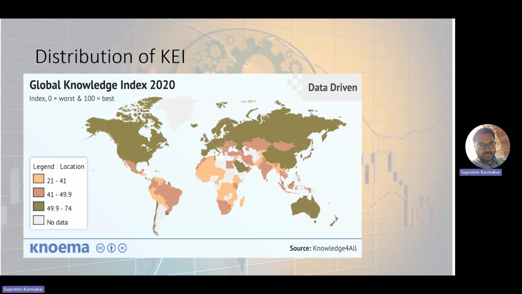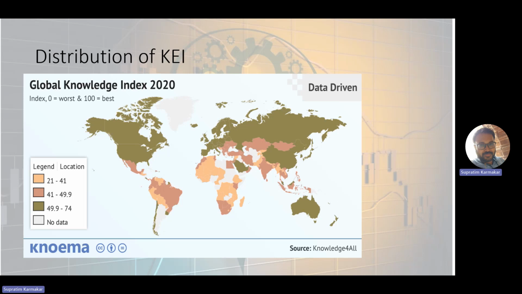Now, we can see there's a very good index that is called the Global Knowledge Index. This is showing that most of the developed countries of North America and Europe are getting most of the global knowledge which is needed for the knowledge economy. It is very important. The map is showing the spatial distribution.